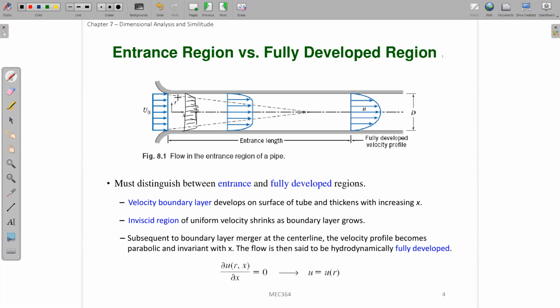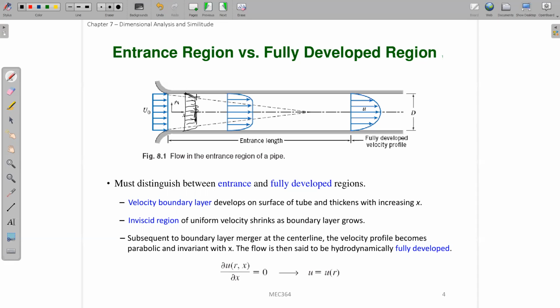Because of this viscous effect, with the friction between the wall and the fluid, we will develop a layer, starting from the inlet tip, close to the wall. Inside this layer, you will see a velocity gradient in the radial direction, the r direction, where the velocity changes from 0 at the wall to some value.